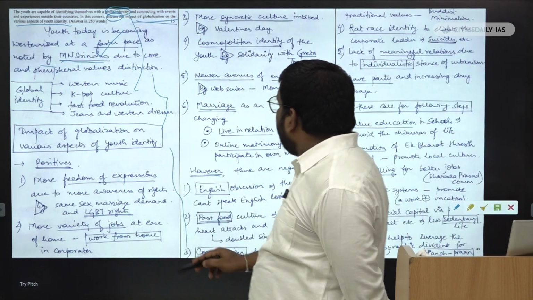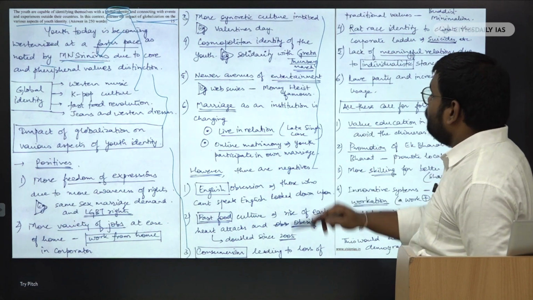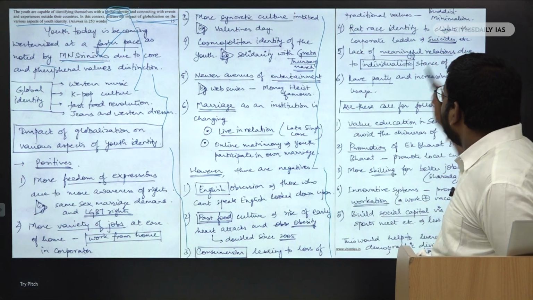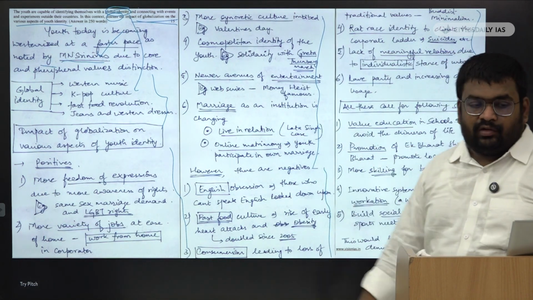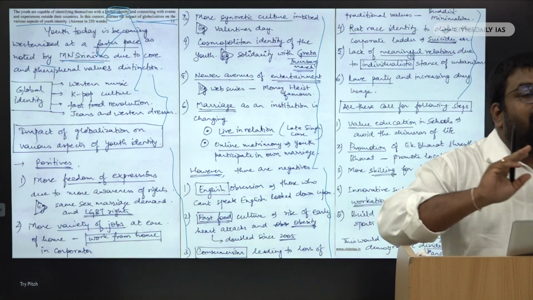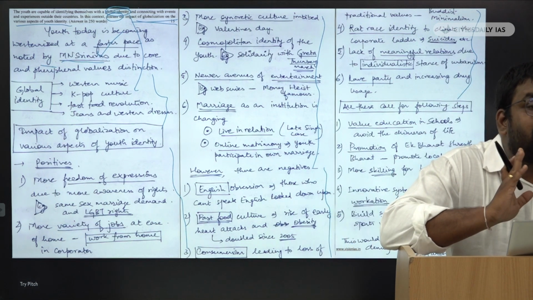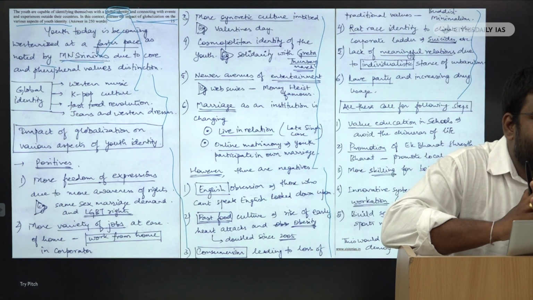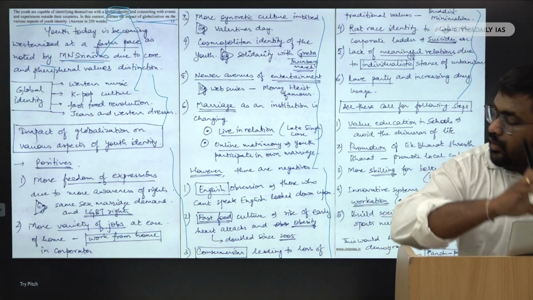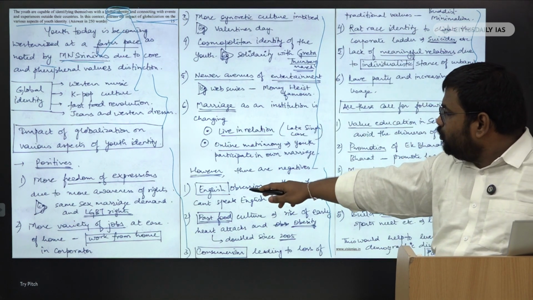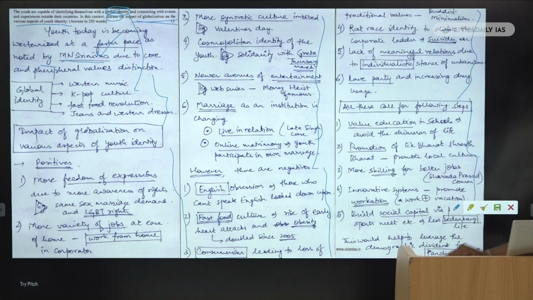So the positive impact, where he has given 6 points, and negative impact, where he has given 6 points. Because impact has equal positive aspects and equal negative aspects. Okay, so he has given equal weightage to both and then concluded with way forward.